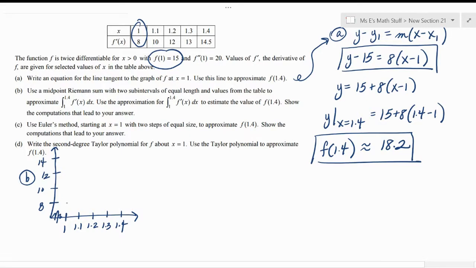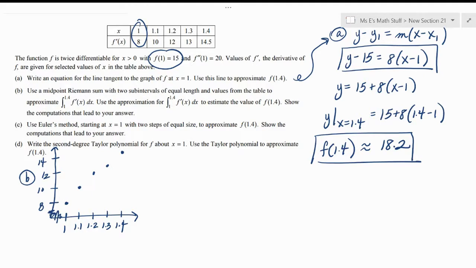So put 1 in, get 8 out. 1.1 in, we're getting 10. 1.2, we're getting 12 out. 1.3, we're getting 13 out. And 1.4, we're getting 14.5 out. Something like that. So there's probably some smooth continuous curve that plots these points that we will never know all about, but it probably exists.